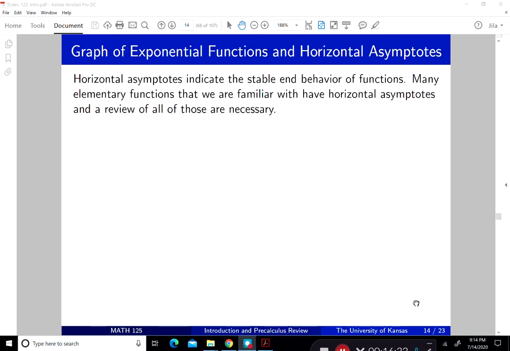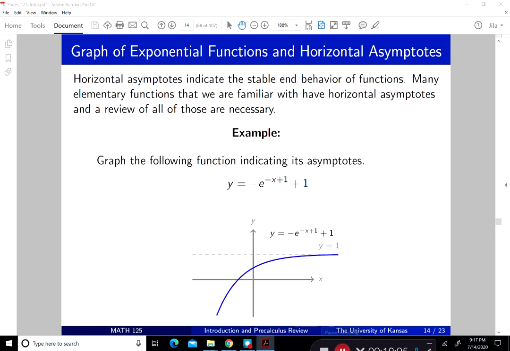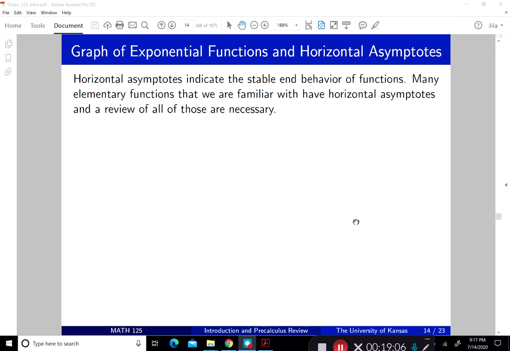One of the interesting properties of exponents is that many real life events can be modeled by exponential functions.